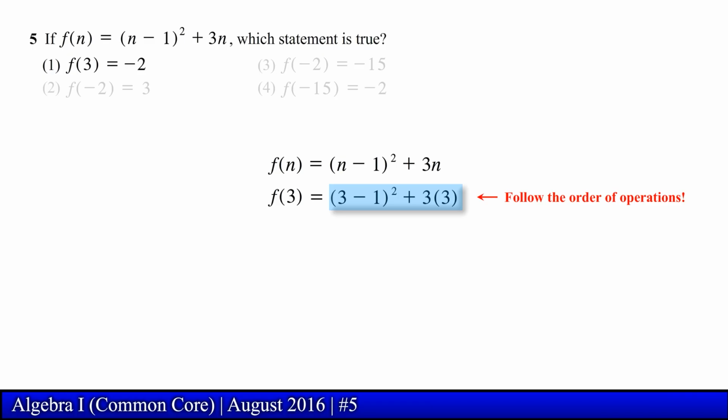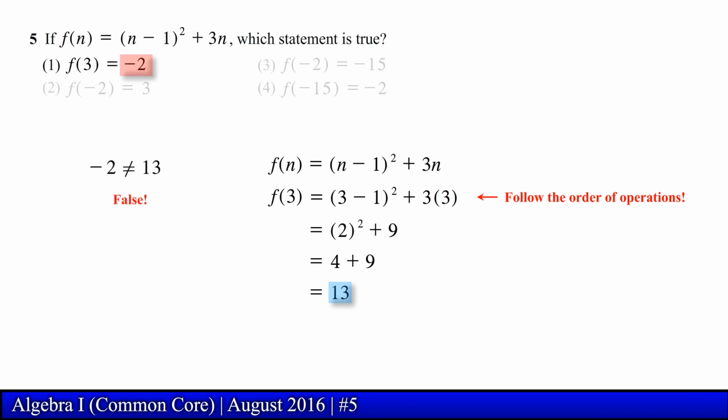In this case, we need to simplify the expression inside the parentheses first, then we square the result and add it to the result of the product. Doing that, we obtain the following value. Notice that this value does not match the output from option 1. Hence, this option is incorrect, since it did not yield the same output.